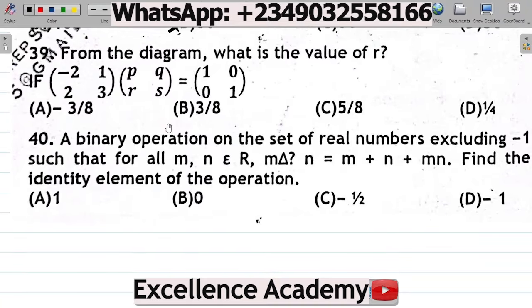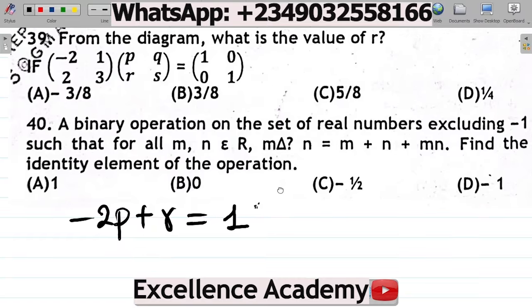Now, to solve this question, you need a good idea of matrix multiplication. To multiply matrices, take the row here, multiplying the column here, and that will be minus 2 times p, which is minus 2p, plus 1 times r, that will give you r. You equate it to the first term here, which is 1. Next, do the next thing again here.